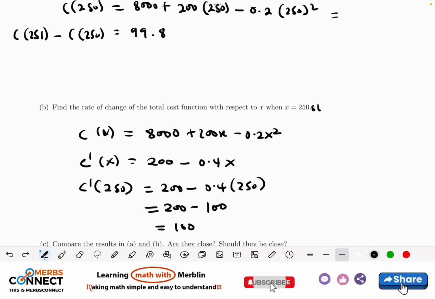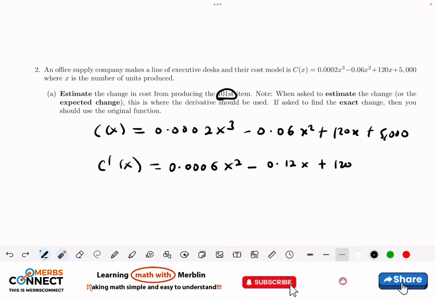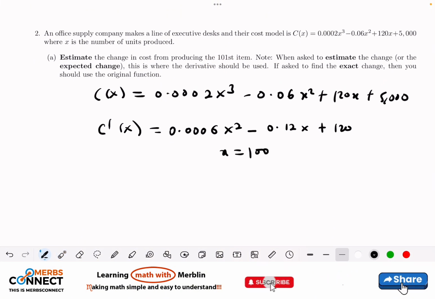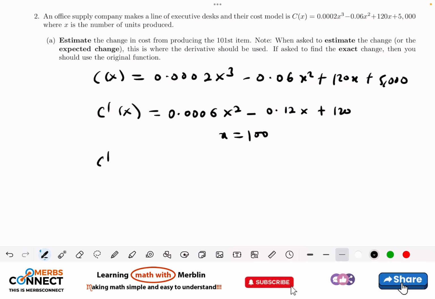So that is the trick. So here, since we have the st on it, it means that we need to reduce this by 1. So now our x here should be equal to 100 instead of 101. Right. Good. So with that, we can now approximate when x is equal to 100.